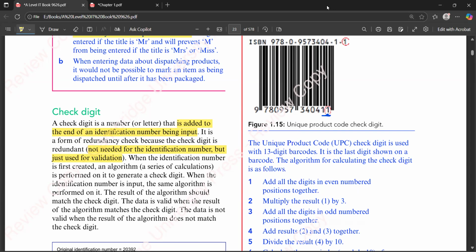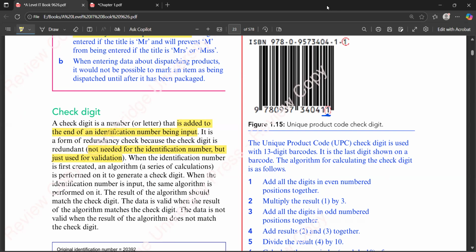I'm repeating it again. A check digit is a number that is added on the right hand side, and it is a form of redundancy check to make sure that the number you are using is correct or not.